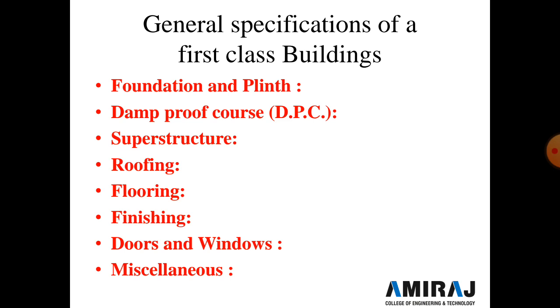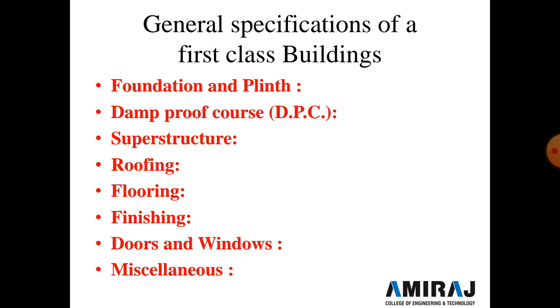Next, the general specification for flooring is that flooring shall be of mosaic, cotta stone, marble, ceramic tiles, etc. as specified over a layer of not less than 75 mm thick cement concrete of ratio 1:5:10 or rich mix, generally used in flooring.